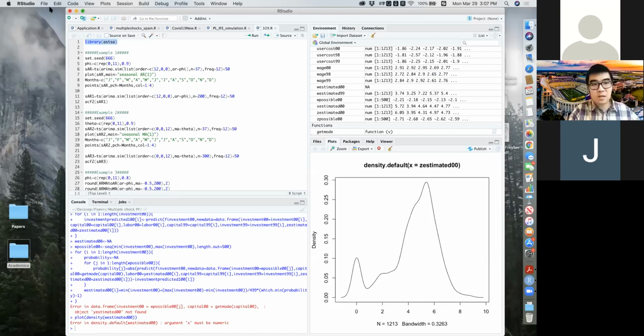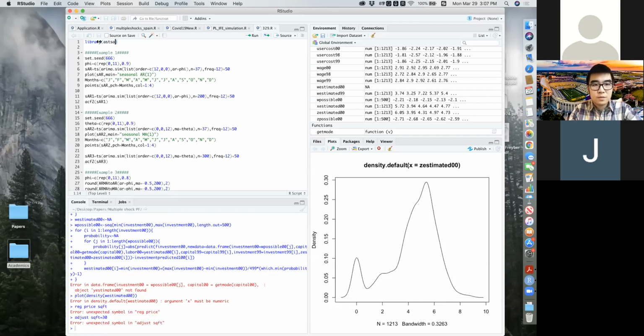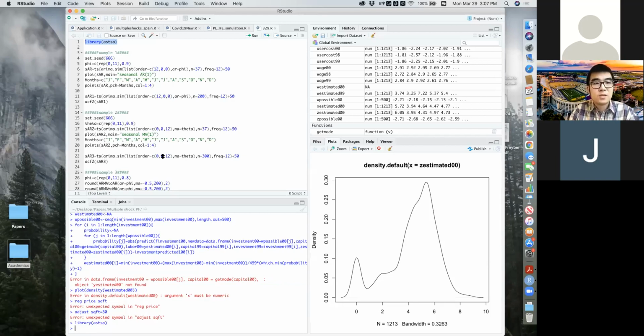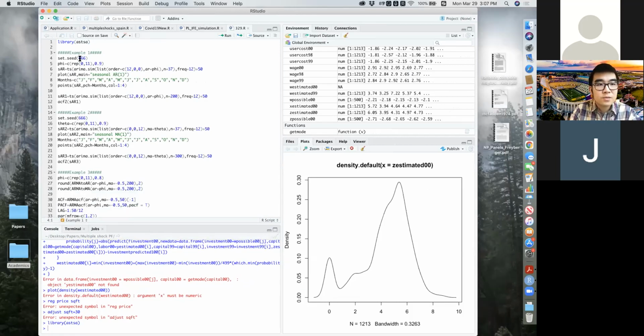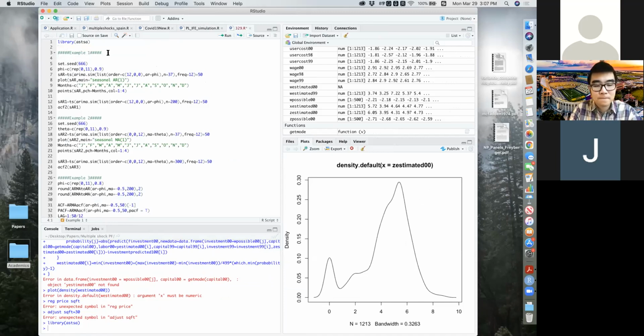Okay, so this is R. Ignore what I already have here. Let's do this first example, which is an AR(1)_12 model. How do we generate this model?